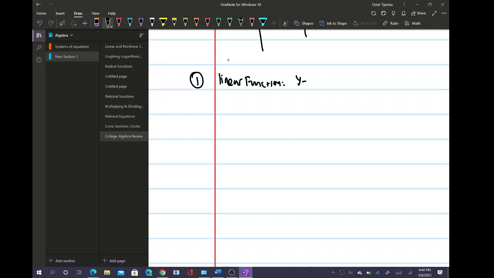That is of the form y equals mx plus b, or y minus y1 equals m times x minus x1, or ax plus by equals c, right? So that's one. Second one is a quadratic function.